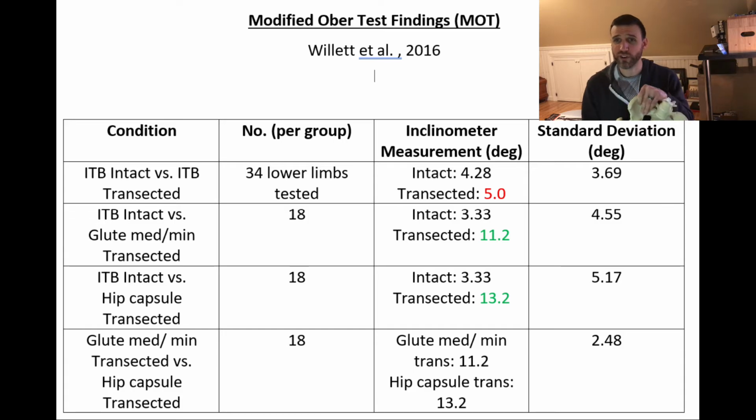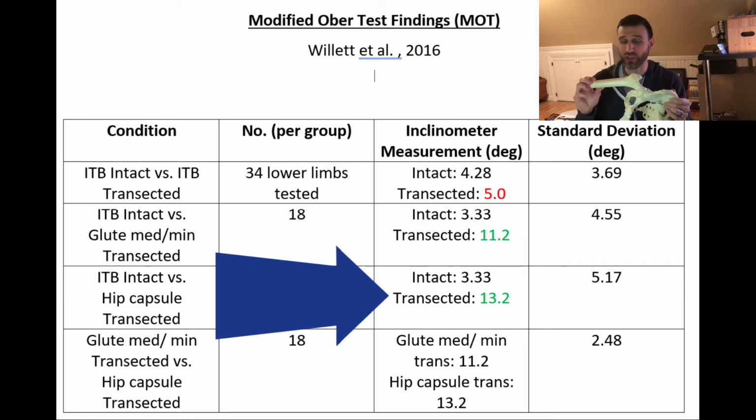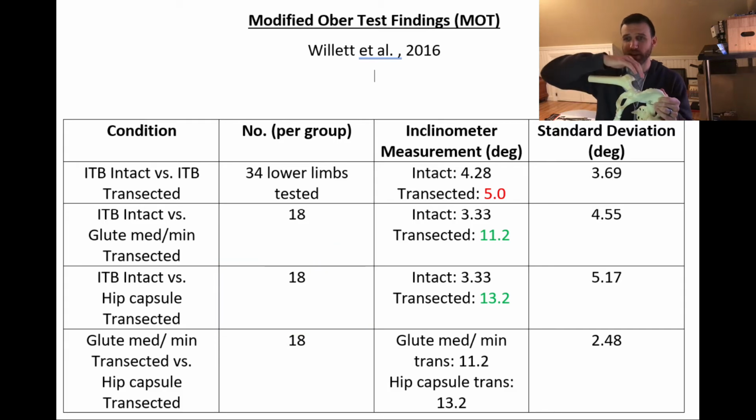So they went one step further, and they cut the hip capsule, okay? And cutting the hip capsule increased the hip adduction to 13 degrees, okay? So gluteus medius and minimus had an 11 degree horizontal adduction. Hip capsule transection created a 13 degree horizontal adduction.